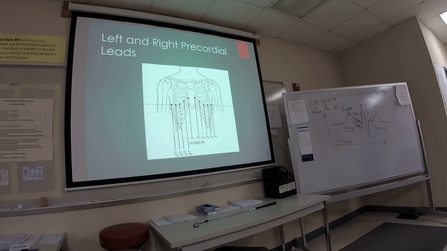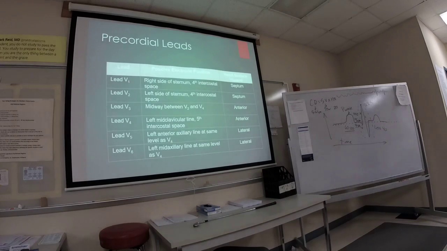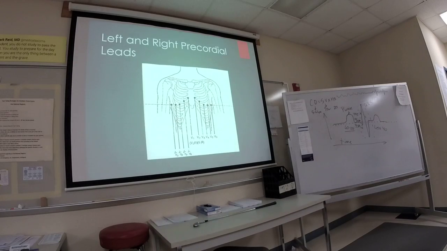So I find the fourth intercostal space and put V1 and V2. Then I'll come down, not on a bone or a rib, making sure it's in the intercostal space. I'll put V4 because the nipple is my reference point. Then I'll come back up and put V3.